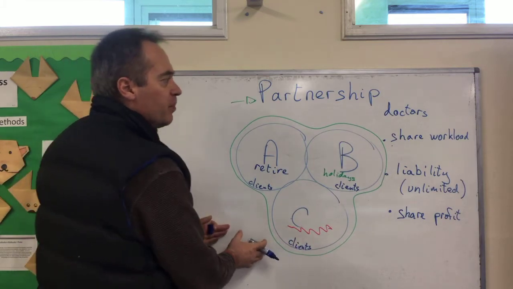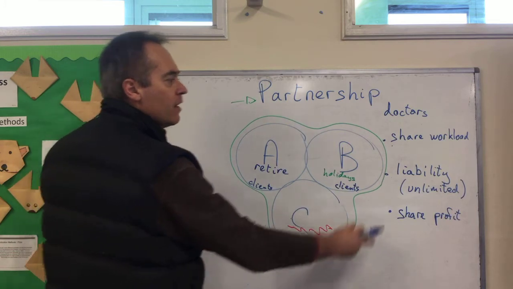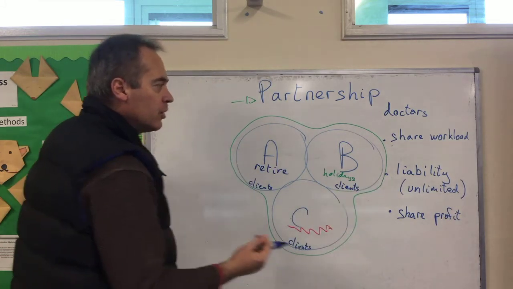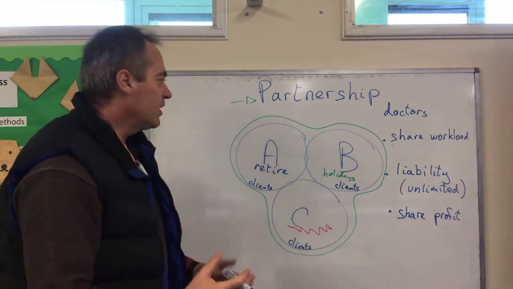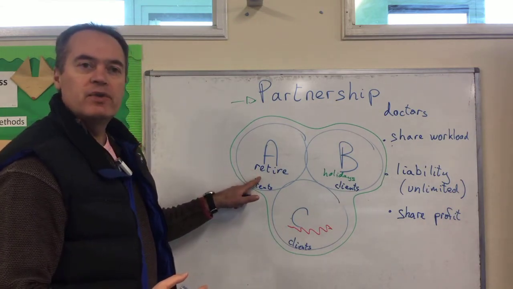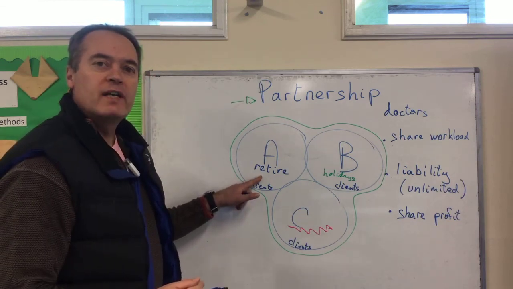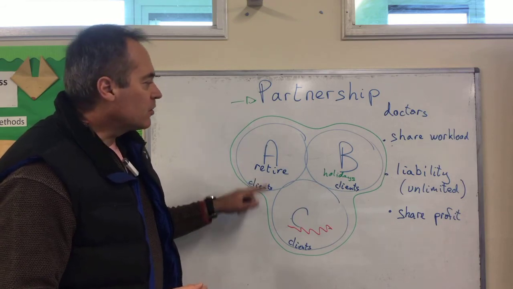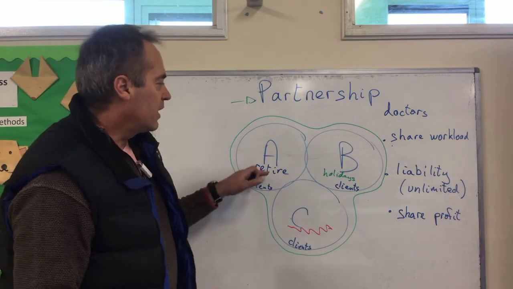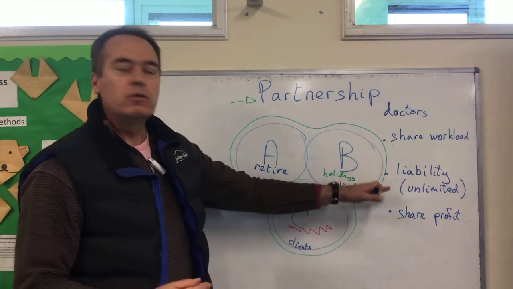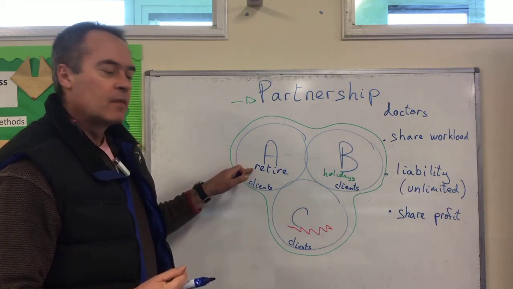But because this is a partnership, you share the workload, you work with everybody, but most importantly, you share the liability. Shouldn't it be partner B and C who will be left to work every day with whoever is going to replace partner A? Shouldn't they be the ones choosing who gets to become a partner? Because not only do they need to work with that person, but if that person makes a mistake, those two will be liable. The one who's retired will no longer be liable.